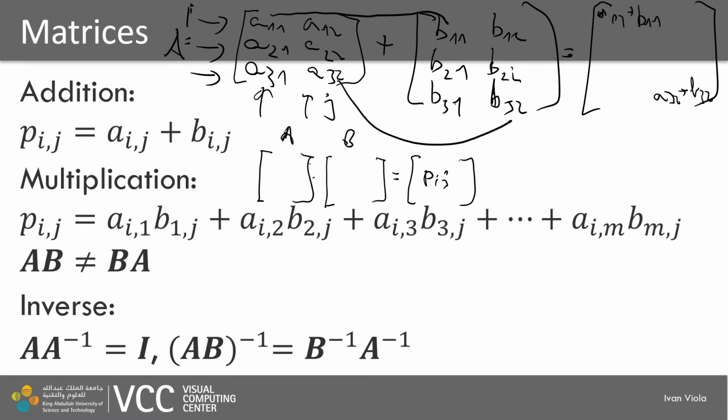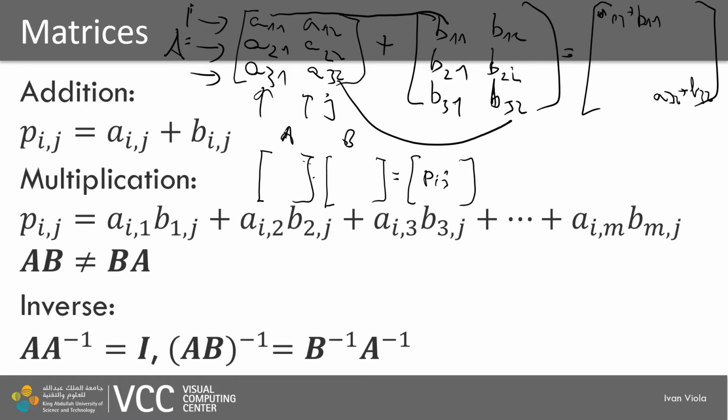So for example, if i is 1, then we first multiply the first element with the first element in both matrices, and then the second element in the first row with the first element in the second row for the B matrix, and so on.